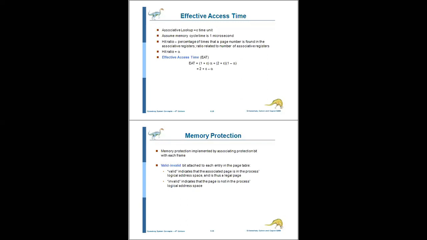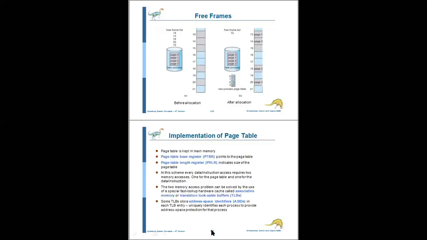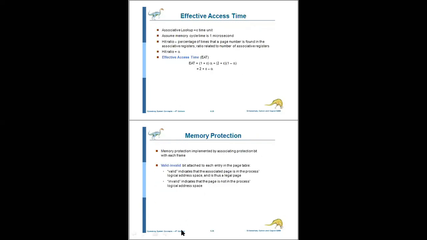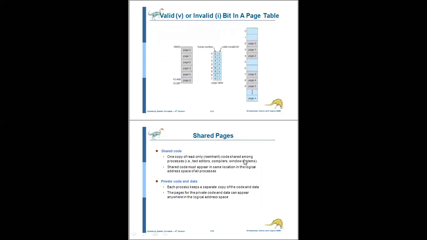So see here, memory protection is implemented by associating a protection bit with each frame. Here, page 0, page 1, page 2, page 3, page 4, page 5. This is the logical memory. The page numbers act as an index of the page table. Here are the frame numbers.